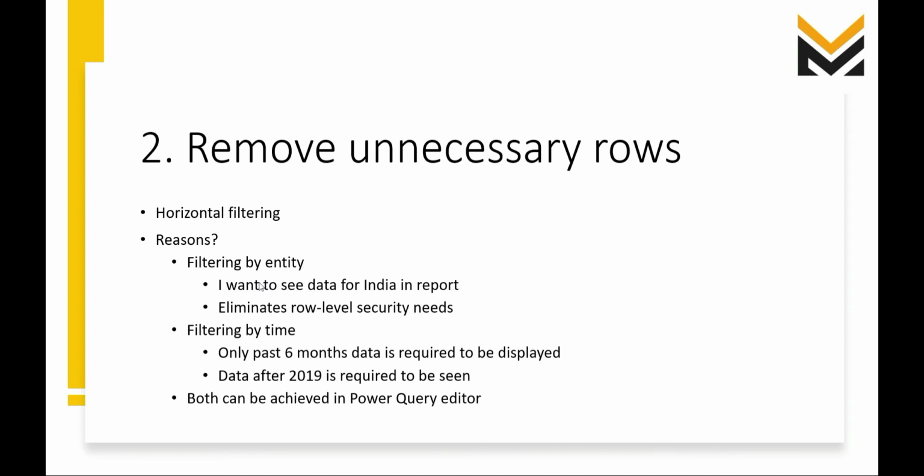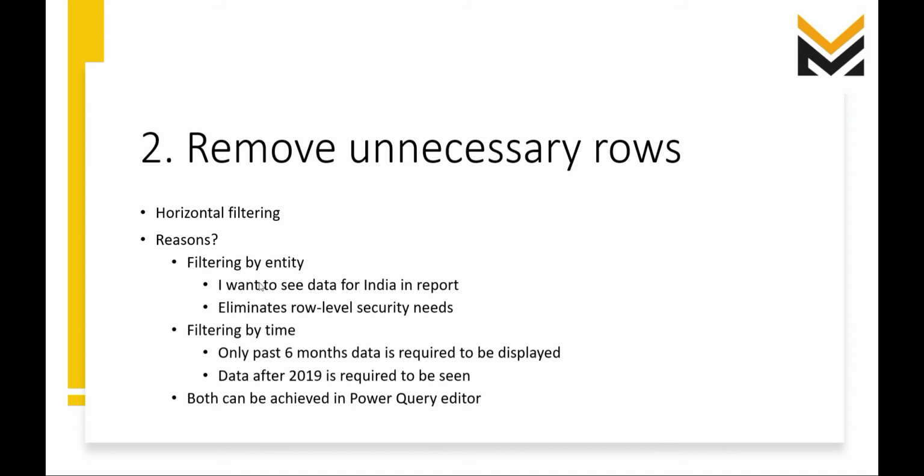Then comes filtering by time. So suppose you only want the senior management to see data after January 2020, as in you are not much concerned with the data before that, and your senior management has sent you a requirement that they want to see the revenue which was generated after January 2020.